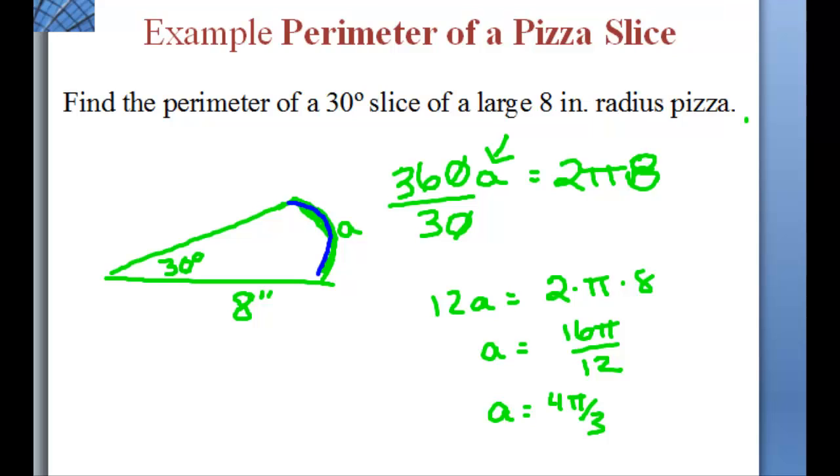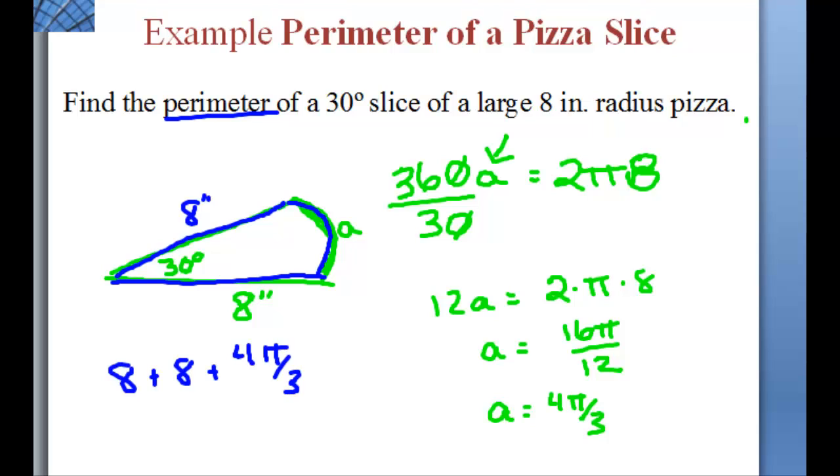That's 4 pi over 3, plus we're looking for the perimeter. So we've got the two sides, which is our 8 and 8. So we get 8 plus 8 plus 4 times pi divided by 3. And 4 times pi is about 12 divided by 3 is about 4, which is actually 4.2, plus 8 plus 8.